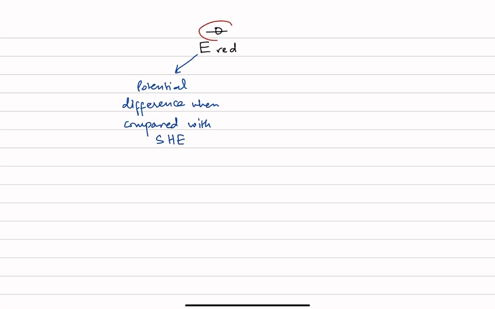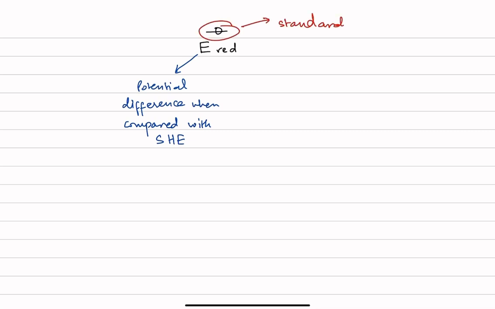Now I want you to understand the specific symbol used for standard reduction potential. The capital E means the potential difference, also known as electromotive force. It's a potential difference when compared with the SHE. So it's a potential difference between the half cell and SHE.